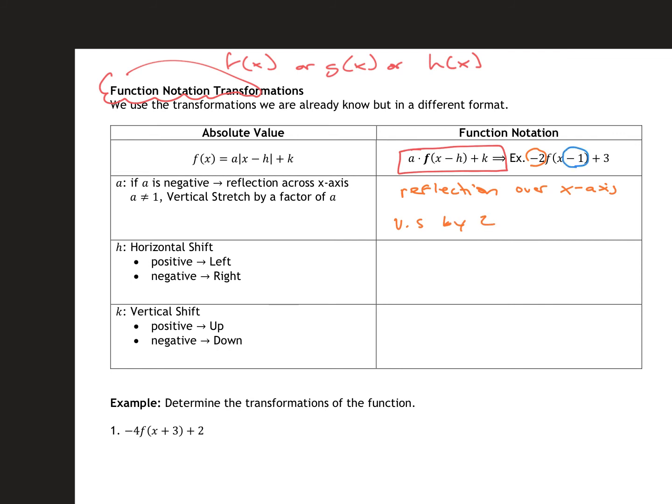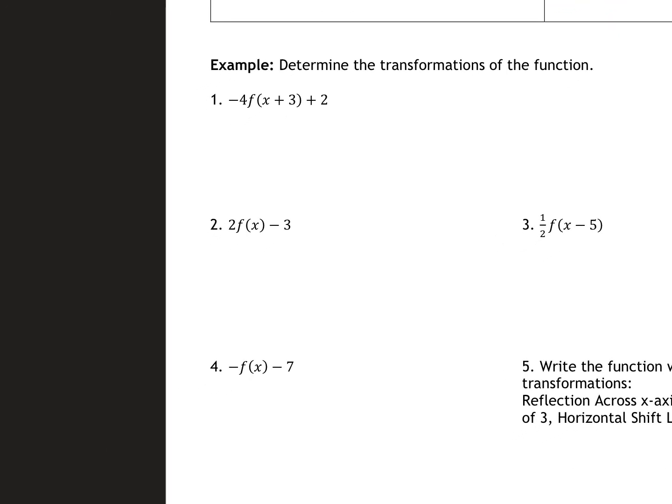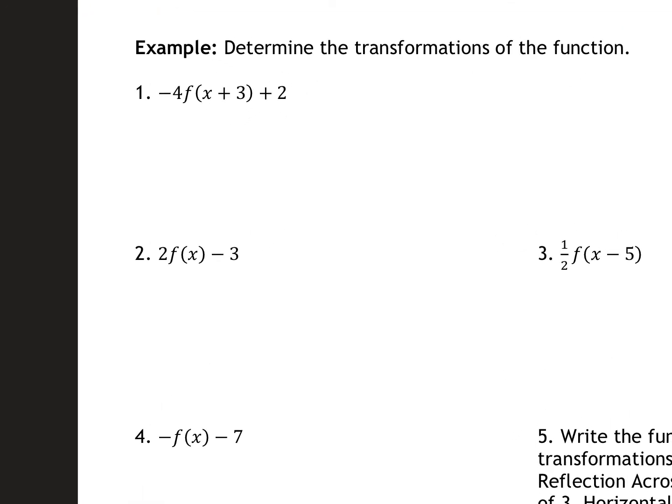Remember here, it's a negative 1 on the inside, so that's gonna move it right 1. And then it's a plus 3 on the outside, so it's gonna move it up 3. So it's just kind of looking, make sure you got your stuff down. So it's taking function notation and actually looking at transformations. So you can get transformations really easy looking at this.